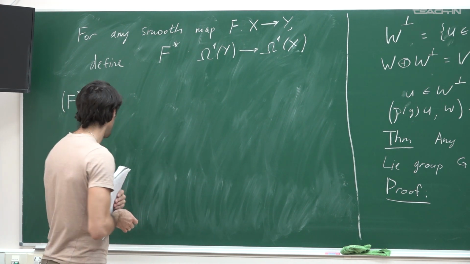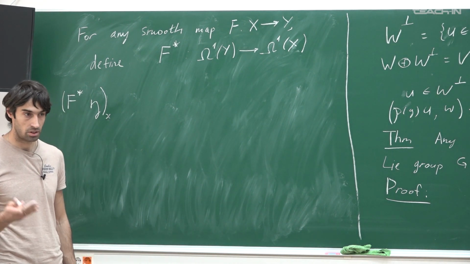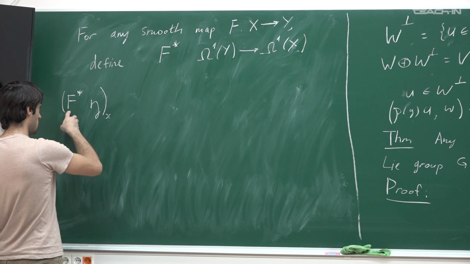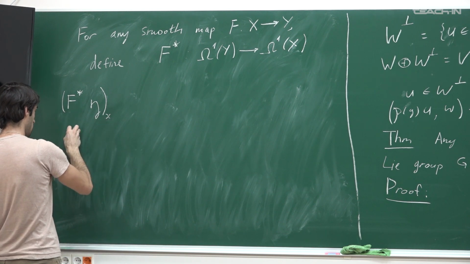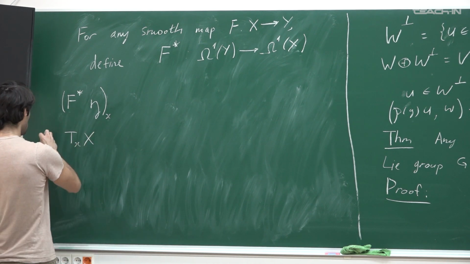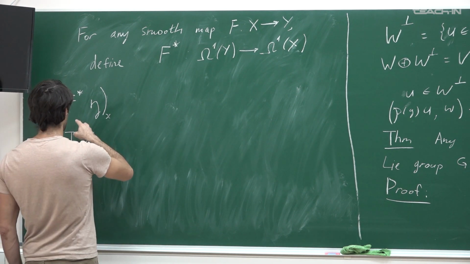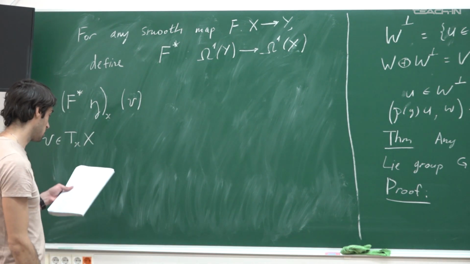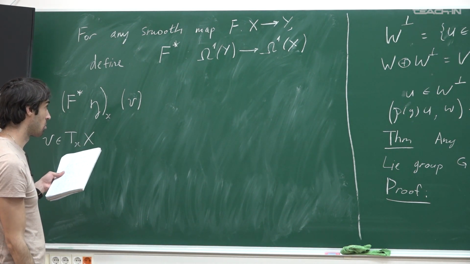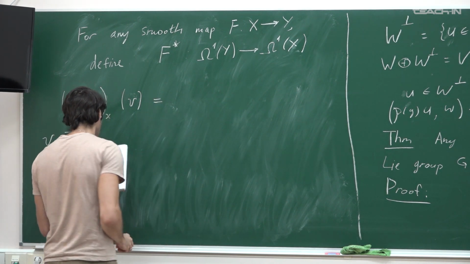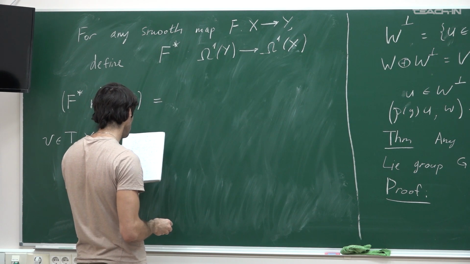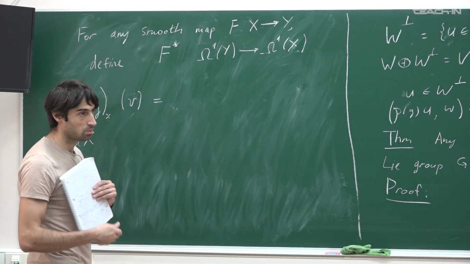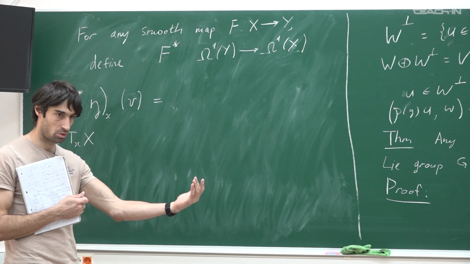So I have a fixed point, and this becomes a linear functional on the tangent space to X. I choose a vector in here, and I just need to give a recipe for how this should act, giving me a real number, because we think of the group as a real group, and the representation is a complex representation.